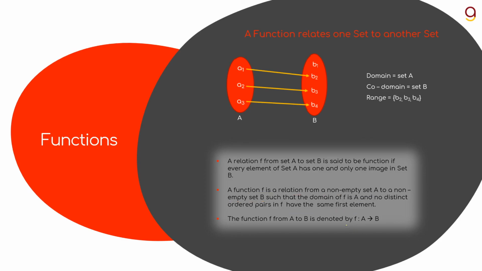The function is denoted as this, read as function f from A to B or function f mapping elements of A to elements of B.